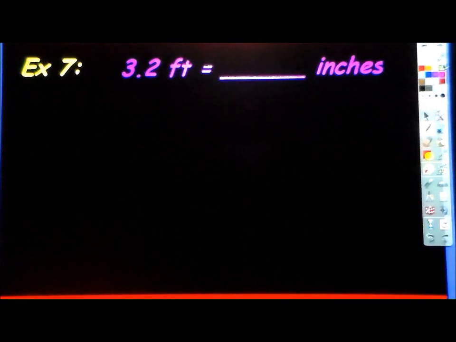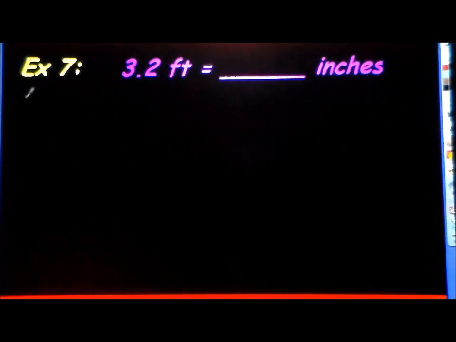Now, we've done examples using time. We've done examples using money. Let's do an example using a length. So we have 3.2 feet equals how many inches? I don't know. That's what we need to find out. So what do we know about feet and inches? We know that in 1 foot, there would be 12 inches.